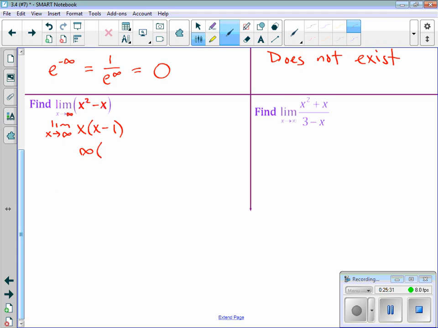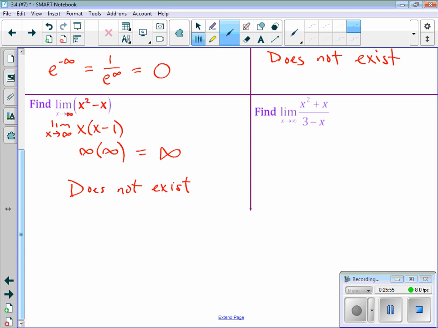Infinity times infinity. Isn't that for sure infinitely large? So this would be infinity. So again, you could write does not exist. Well, infinity minus 1 is still infinitely large. You know, infinity just keeps going. If the answer is infinity or negative infinity, it does not exist.